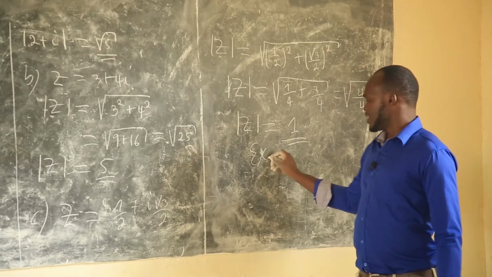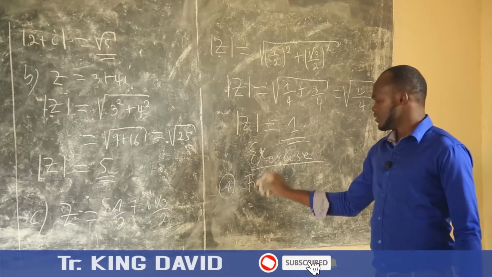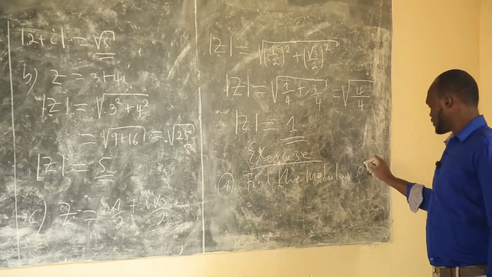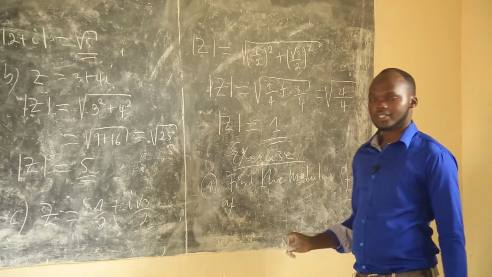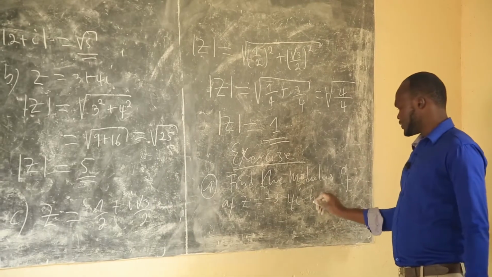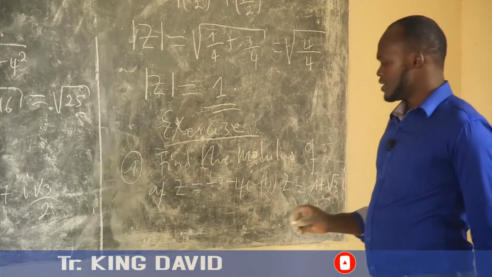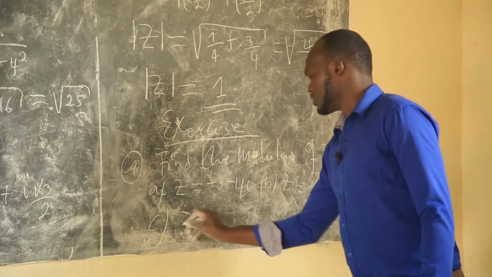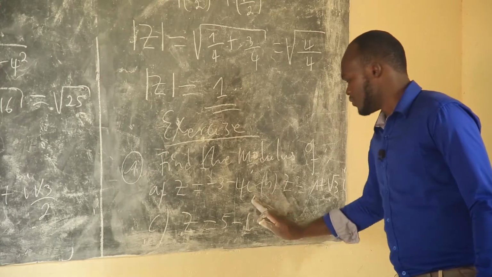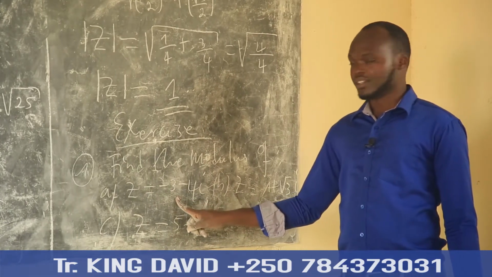Let me give you an exercise to try. Number 1, as exercise, find the modulus of A, z equal to negative 3 minus 4i.